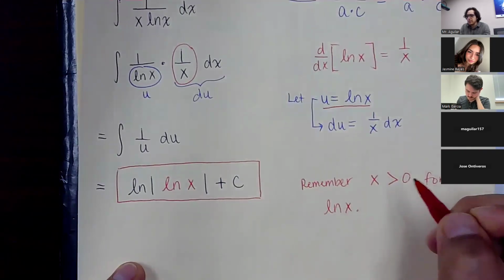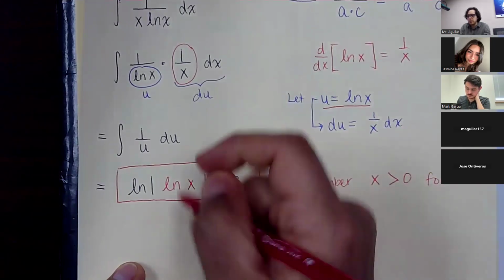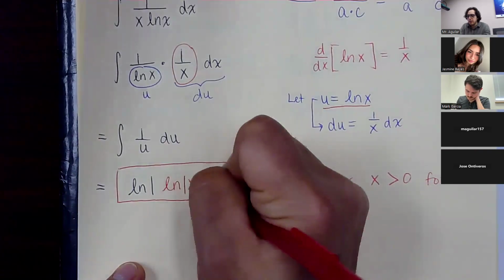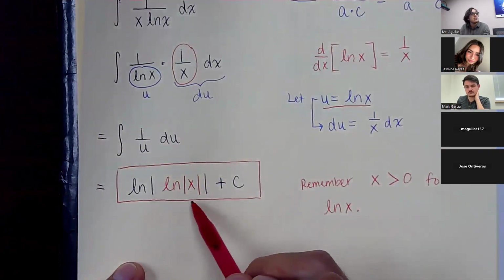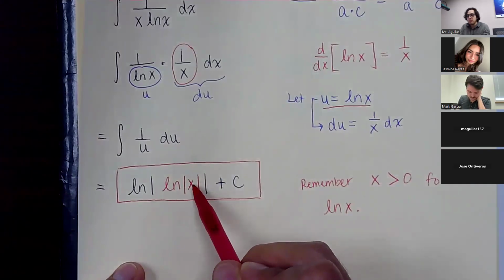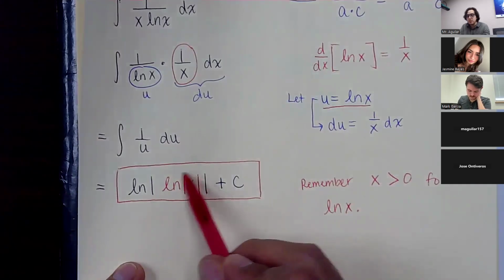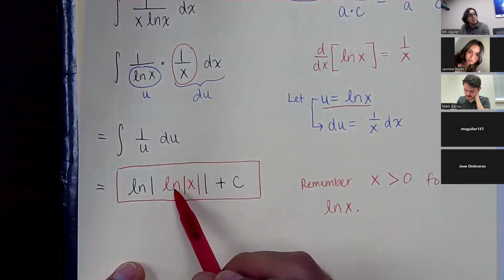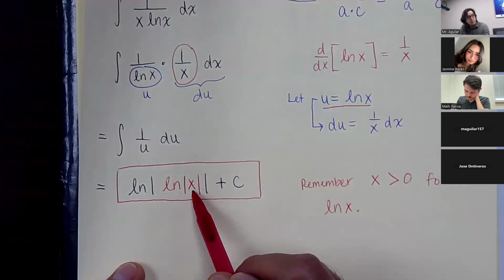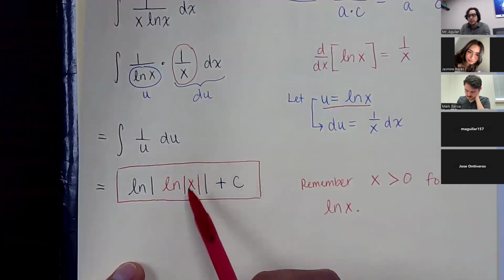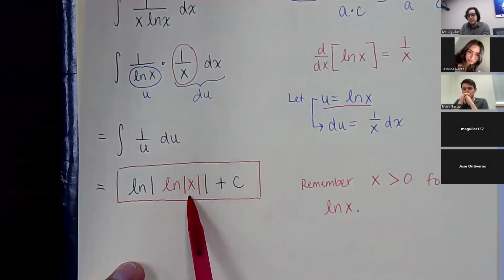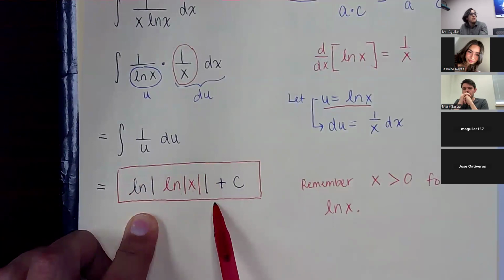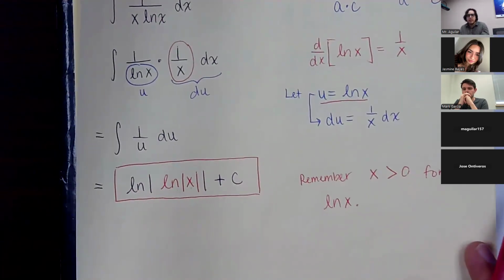So sometimes WebAssign is going to get a little bit tricky on you, and they'll throw another absolute value around the x. Because we want to make sure that whatever this x is inside of the internal natural logarithm is positive. And we also want to make sure that whatever this natural logarithm ends up being is also positive. Okay. A little bit tricky, but you might have to watch out for that.